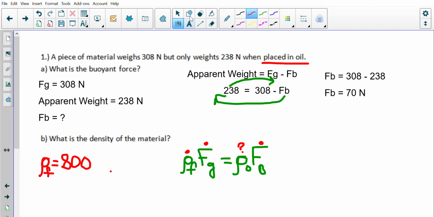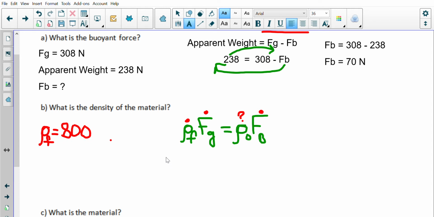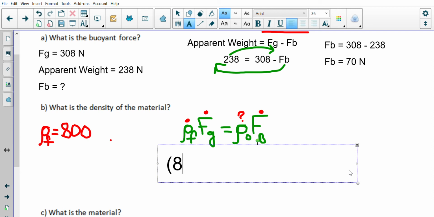Now I'm going to substitute in and solve for the density of the object. And this is how sometimes they could identify the object. Oh, that's actually what we're going to do in part C. So again, rho F is 800. Our Fg, well, that's 308. We have some big numbers here.